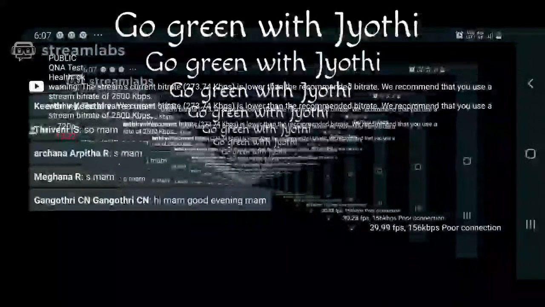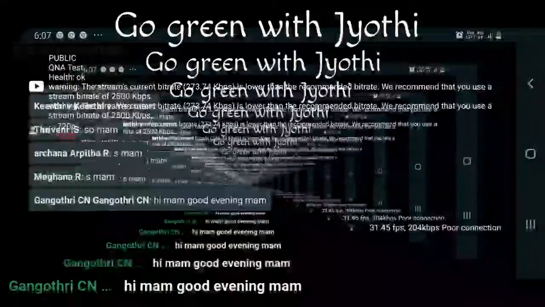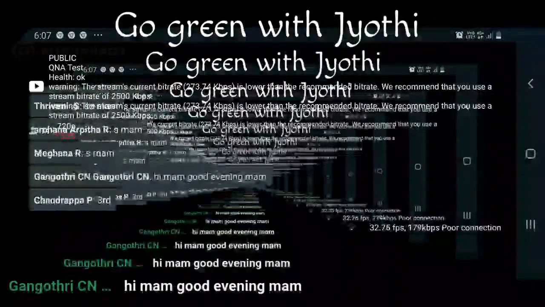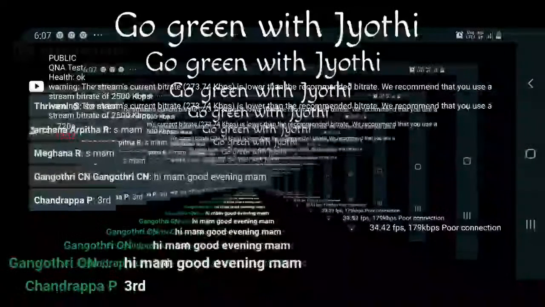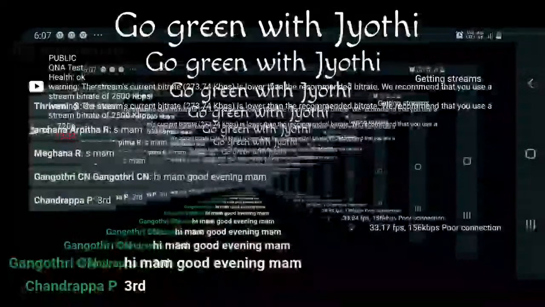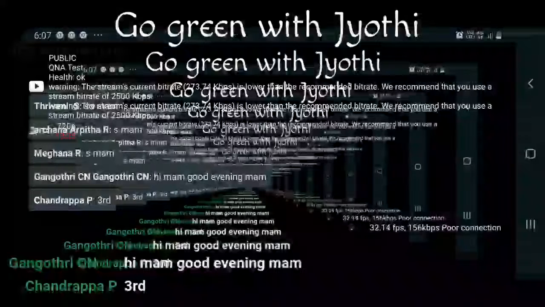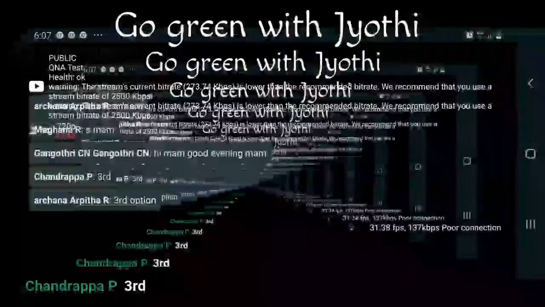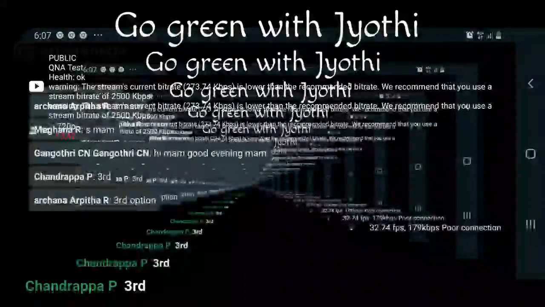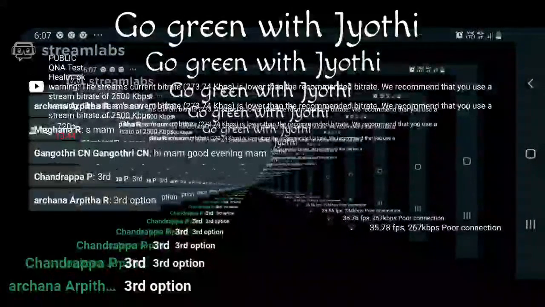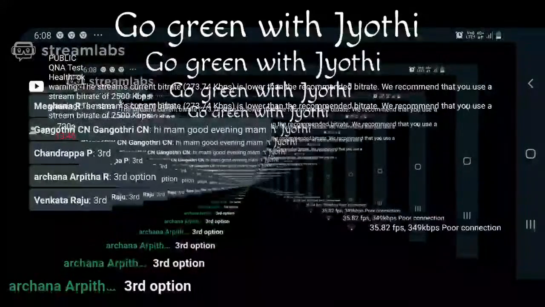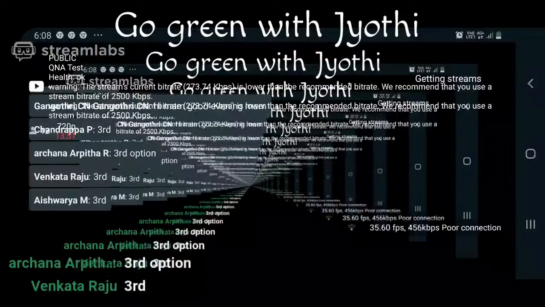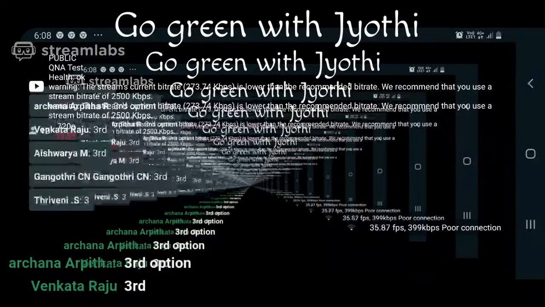Yeah, good evening Gangotri. Now I already post one test item. Now which one would you think as correct answer? Okay, third is the correct answer, right. Okay, Arpita also correct answer. Yes, all of you answering correctly.